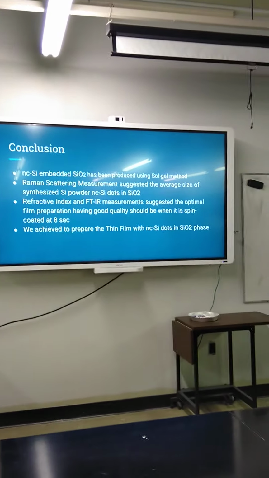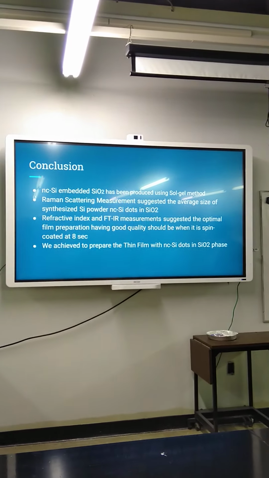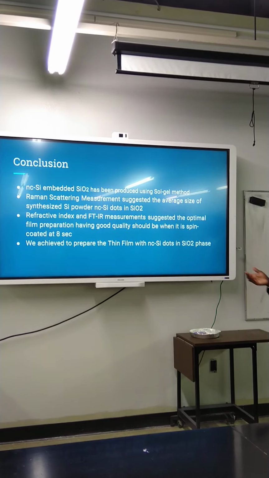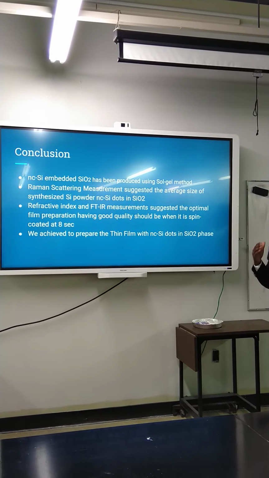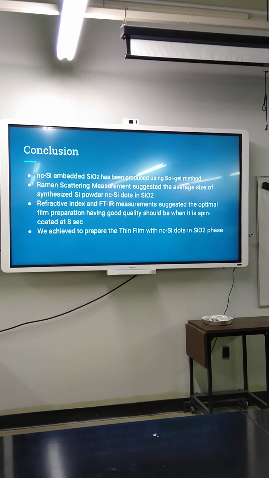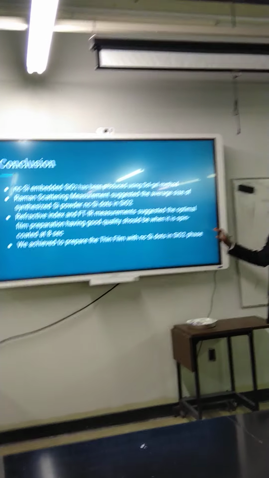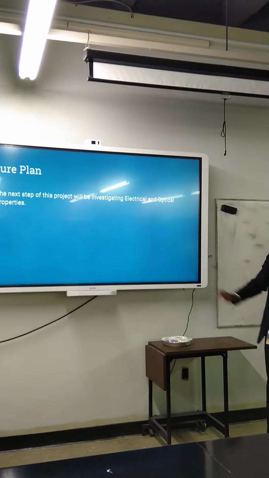The refractive index and the FTIR measurements also suggested that the optimal film preparation having good quality should be when it is spin coated at 8 seconds. And we also achieved preparing the thin film with the nanocrystal dots embedded in silicon oxide.